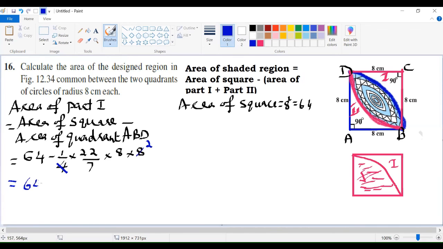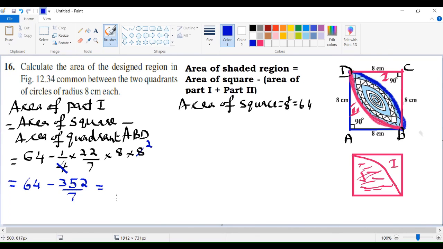So 64 minus 22 into 8 into 2. So 22 into 16 will come, that is 352 by 7.